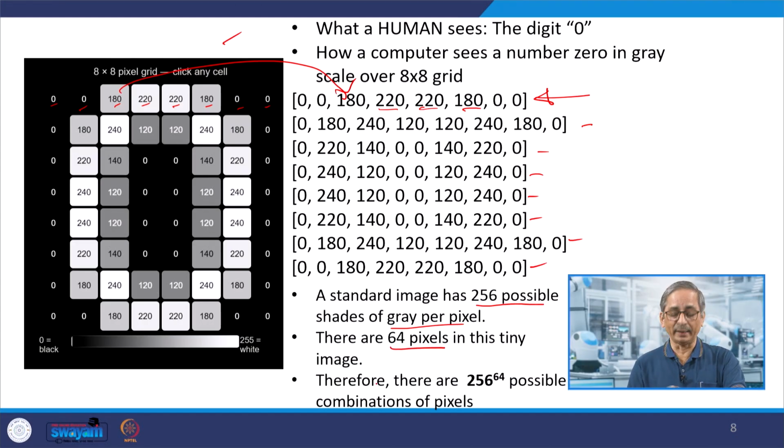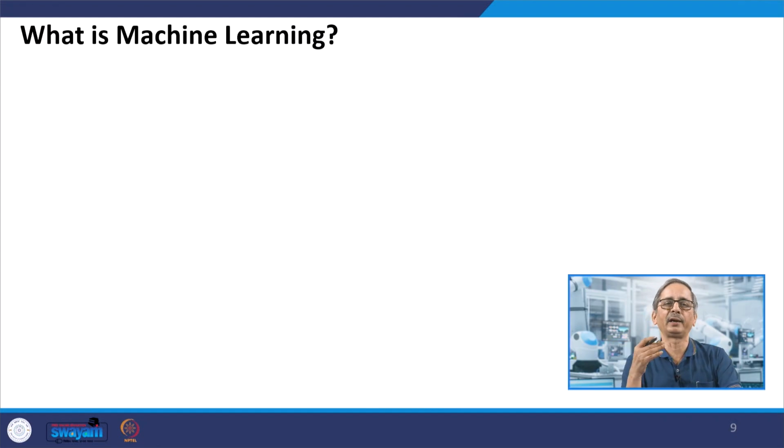So, in total we have 256 to the power 64 possible combinations of pixels, and manually coding for this is just impossible. So, one has to understand the limitation of conventional intelligence systems which are rule based. Machine learning can overcome that limitation.